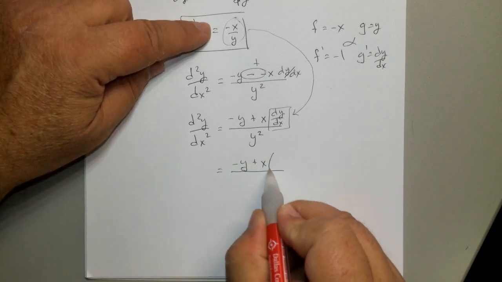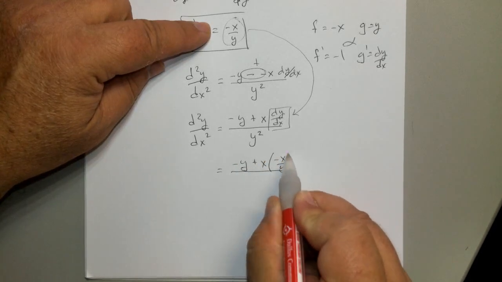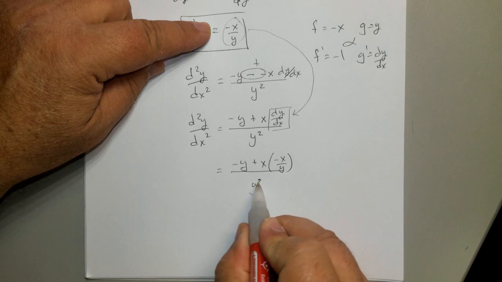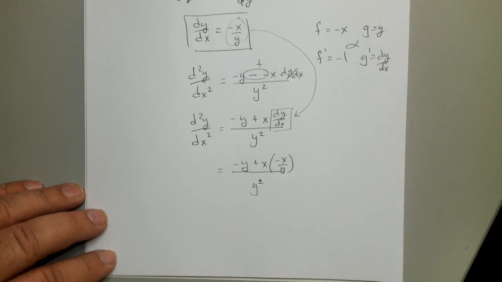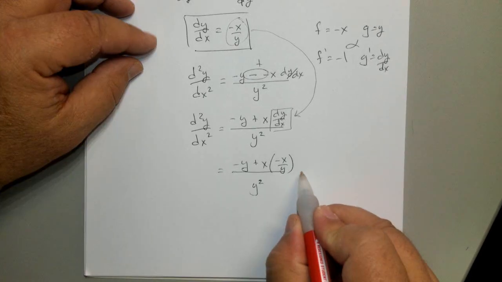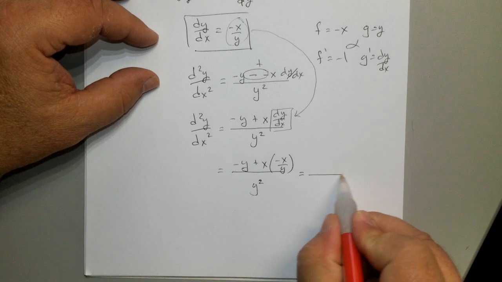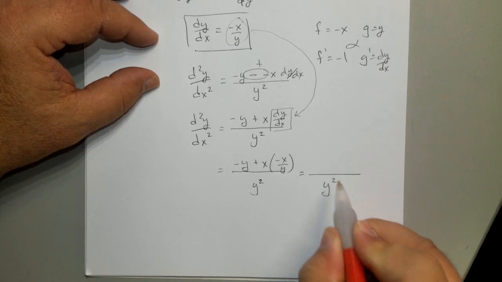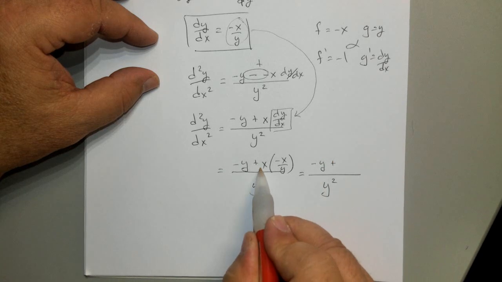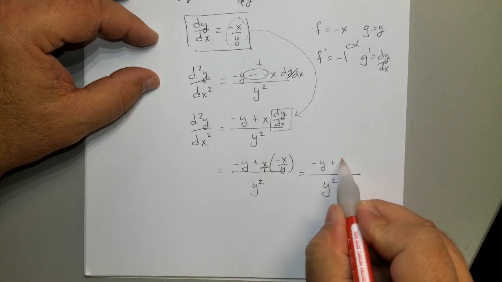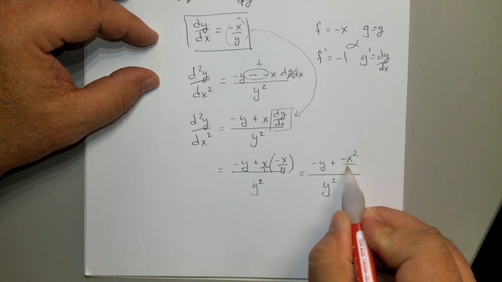So dy dx is negative x over y. This is x over 1, so it's negative x squared over y.